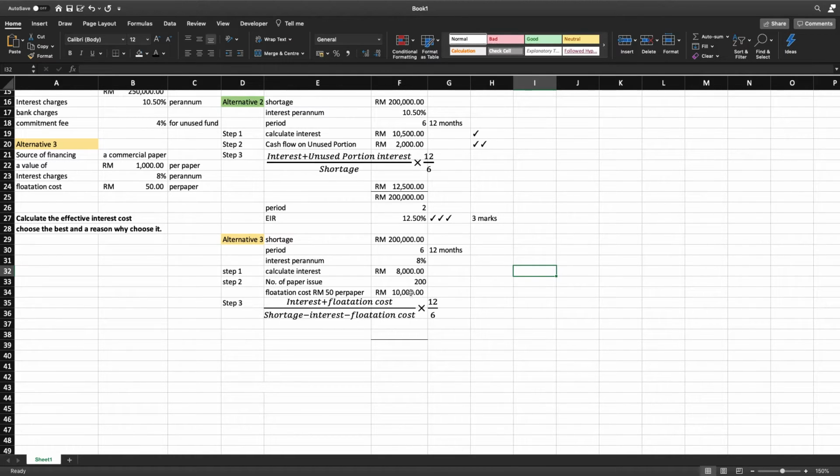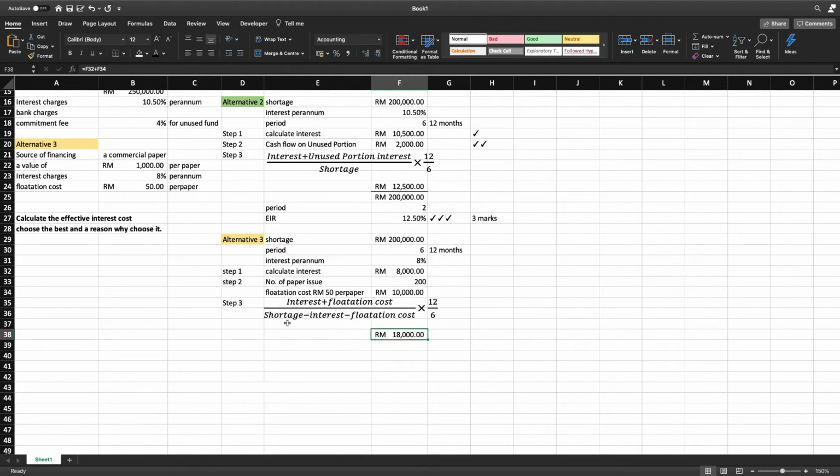The flotation cost is 50 ringgit per paper, so 200 multiplied by 50 ringgit gives 10,000.